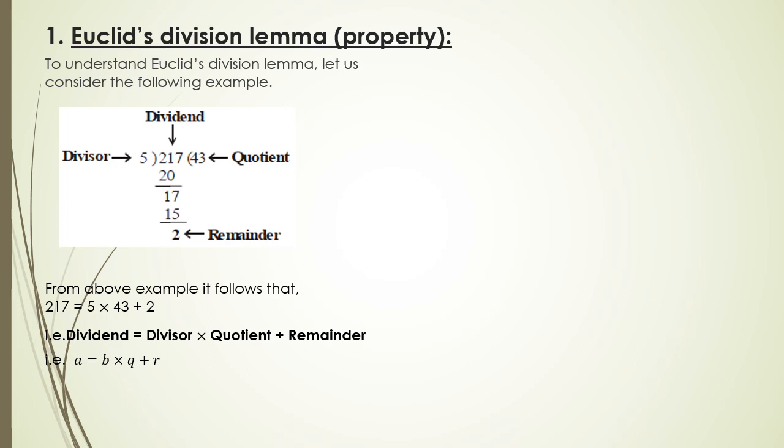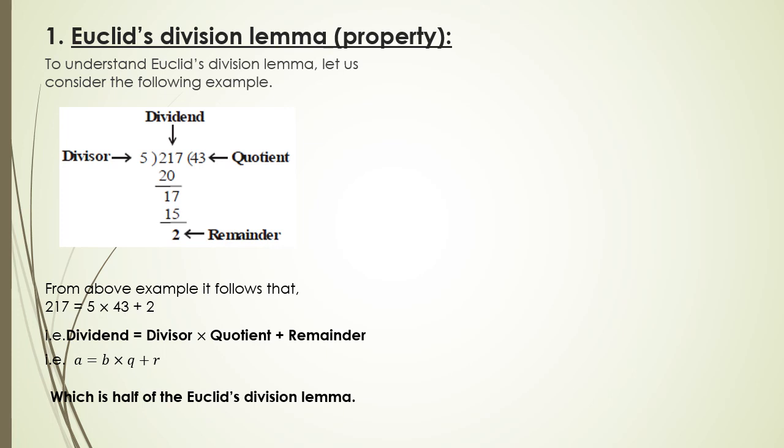That is, suppose the dividend is A, the divisor is B, the quotient is Q and the remainder is R. We can say that A is equal to B into Q plus R, which is half of Euclid's division lemma.